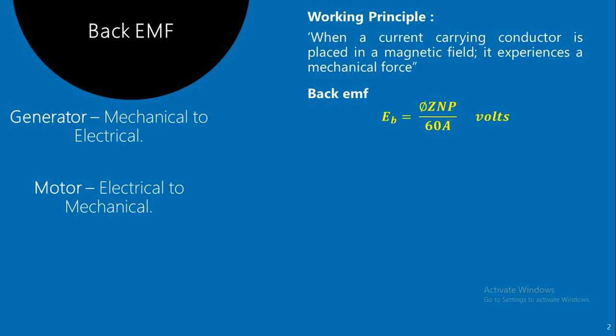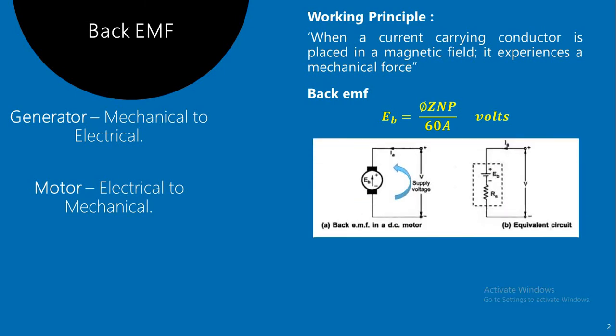I already explained the working principle of DC motor, so how does back EMF occur in DC motor? As explained in the working principle, whenever a current carrying conductor is placed in a magnetic field, it produces a driving torque.